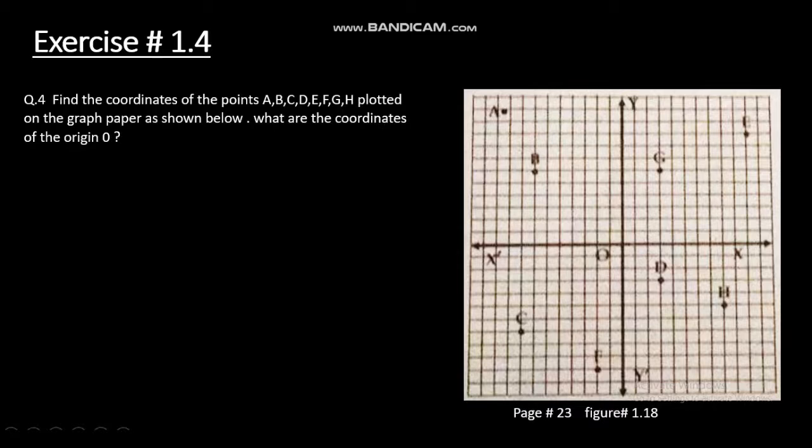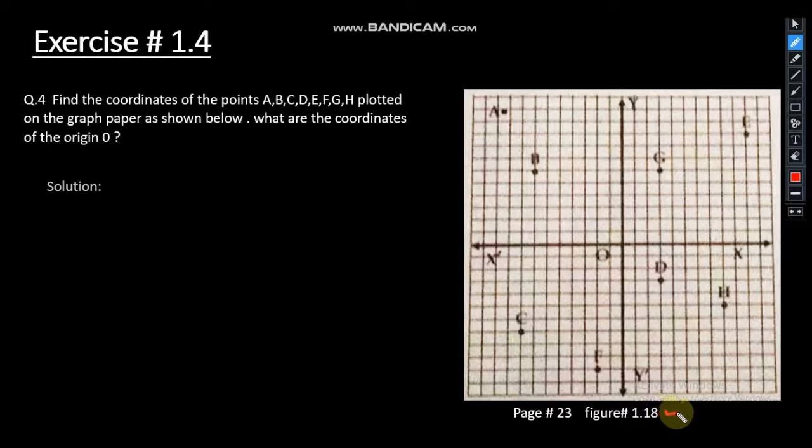Okay, question number 4. Find the coordinates of points A, B, C, D, E, F, G, H plotted on a graph paper as shown below. What are the coordinates of the origin O? This is on page number 23, figure 1.18.